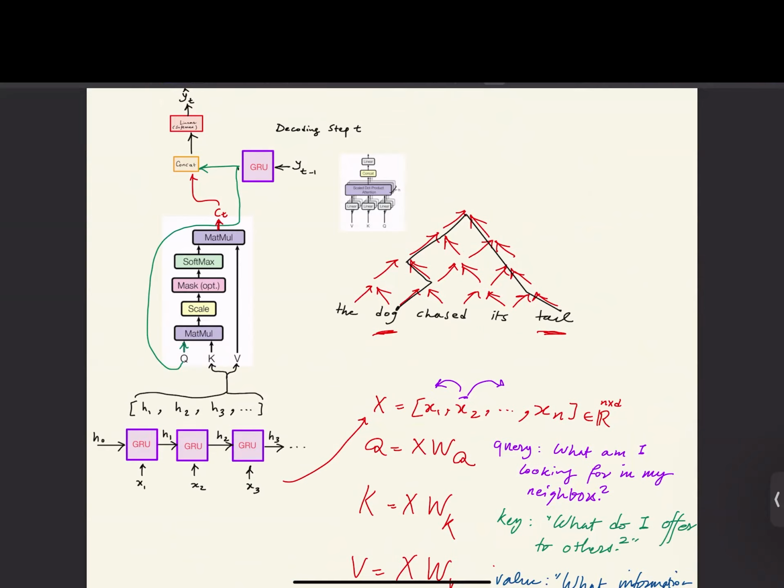And we want to drop anything else that is, for example, related to RNN or CNN. So again, given an input sequence X, and this is in R, let's say n by d. Each sequence has n tokens, and each token has d dimensions.